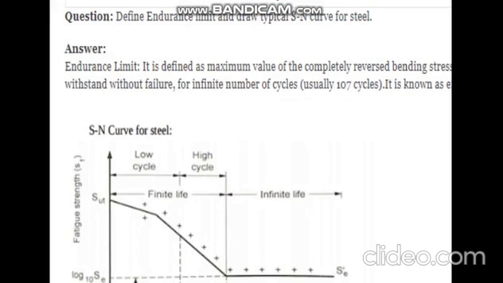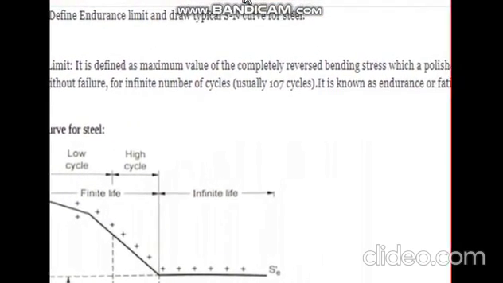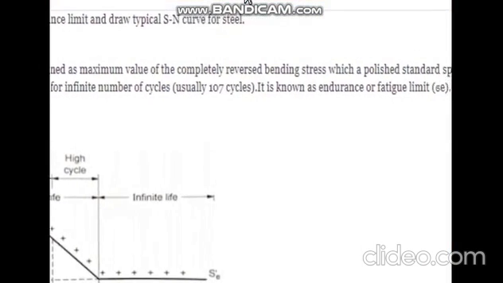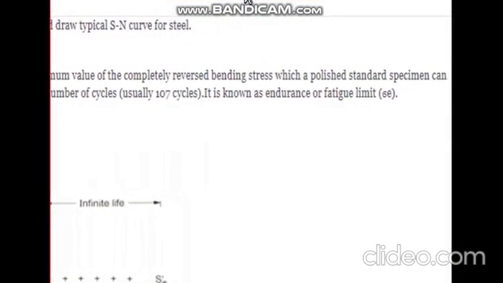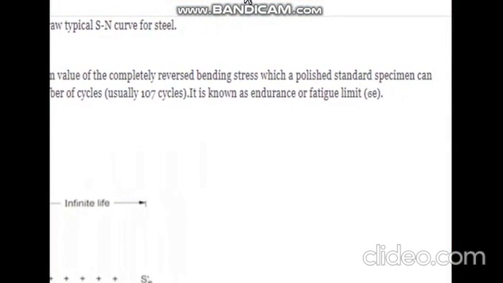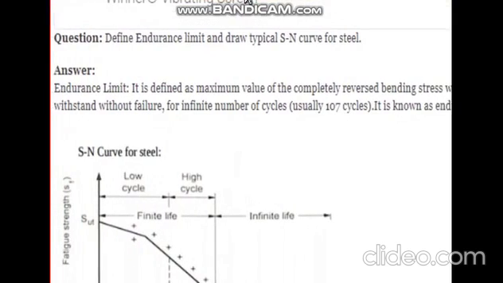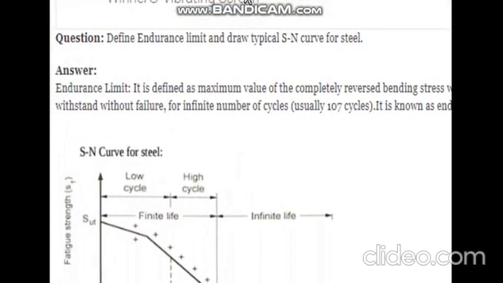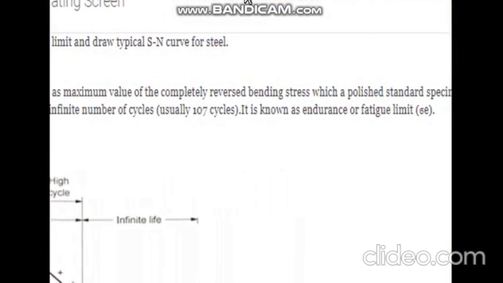Okay, now the question is, what is endurance limit? Endurance limit is defined as the maximum value of a completely reversed bending stress which a polished specimen can withstand without failure for an infinite number of cycles, usually 10 to the power 7 cycles.